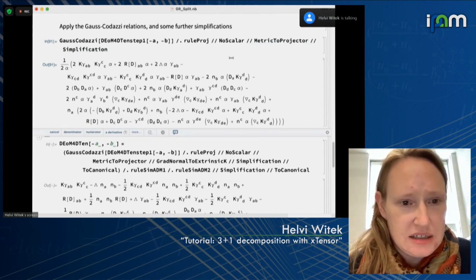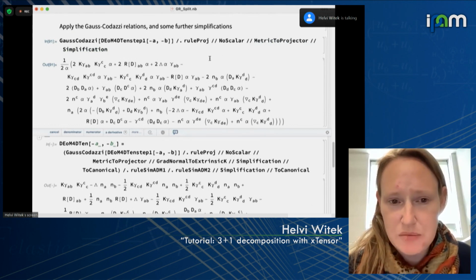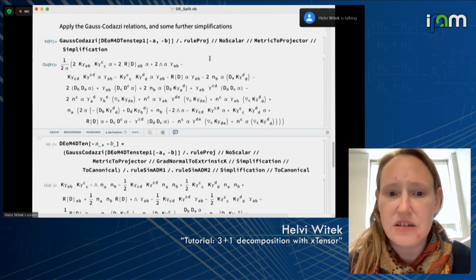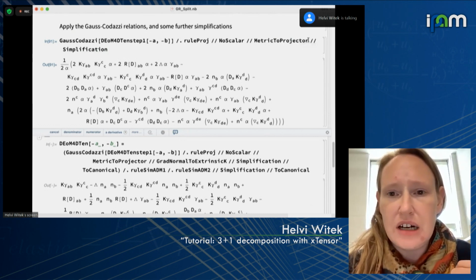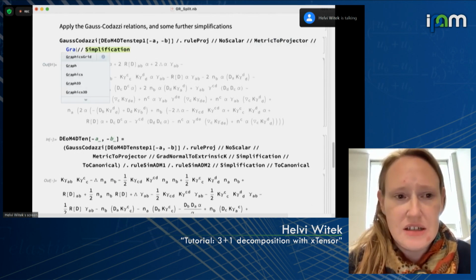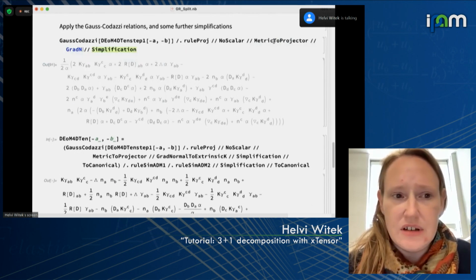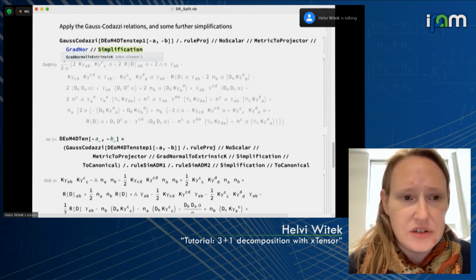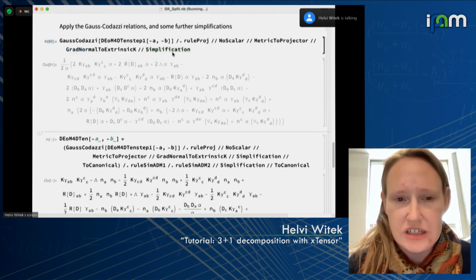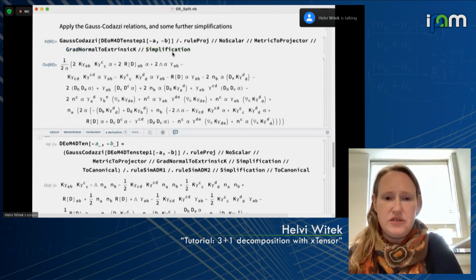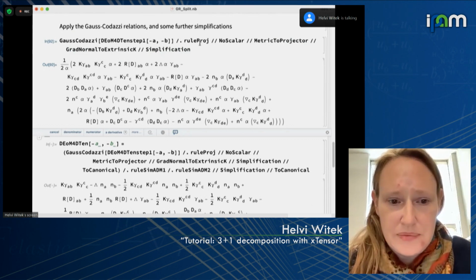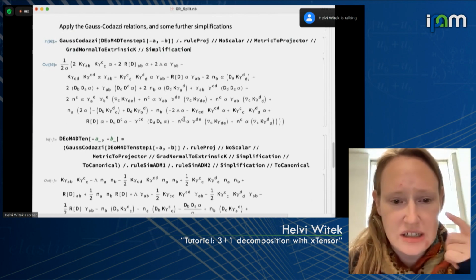And sometimes you may also still have expressions that involve the gradient of the normal vector, which we know is related to the extrinsic curvature. So I will also apply this. So I can replace the gradient of the normal with the extrinsic curvature. And again, xTensor has already defined those relations. So I'm using that here, and I can do some simplifications.